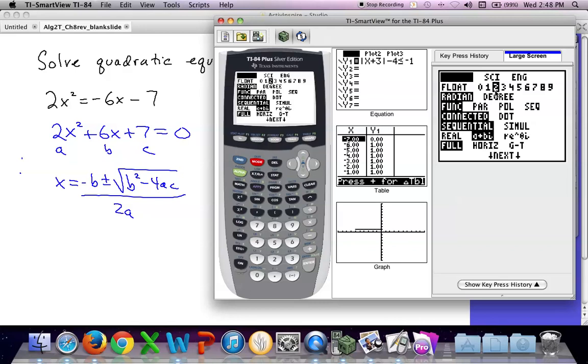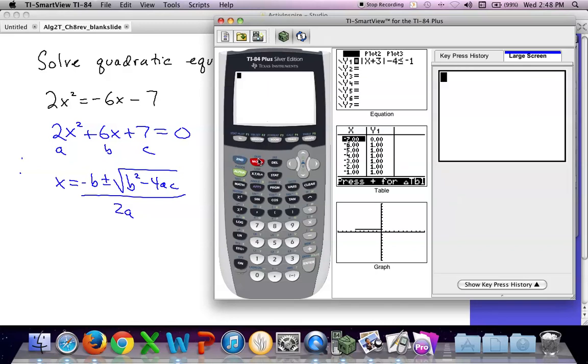And then make sure that it's in a plus bi mode, because sometimes when we solve these, we get imaginary numbers for answers. If you don't have it in that mode, it's just going to give you an error, as it would if you have it set on real. I'll tell you right away, this one has imaginary answers. And if you don't have it set on 2, the digits run off the screen and you can't even see that there's an i at the end of it. So make sure you've got it in the right mode.